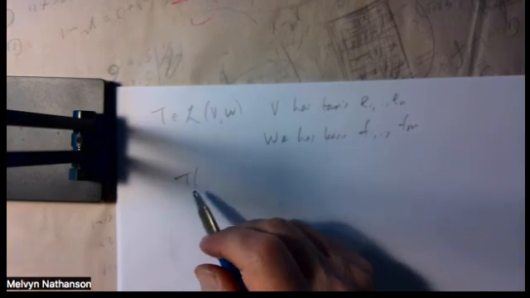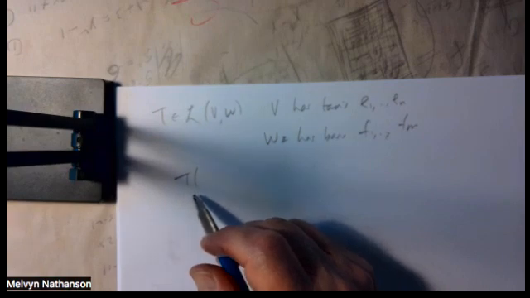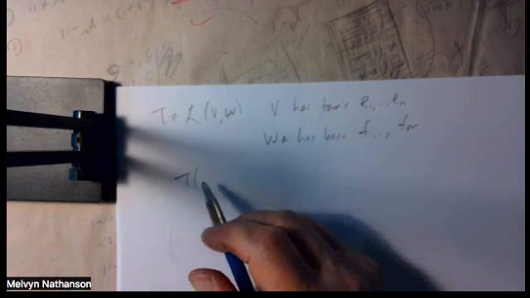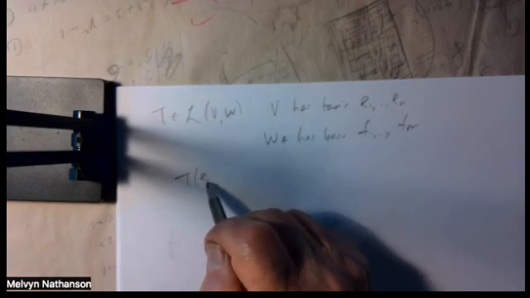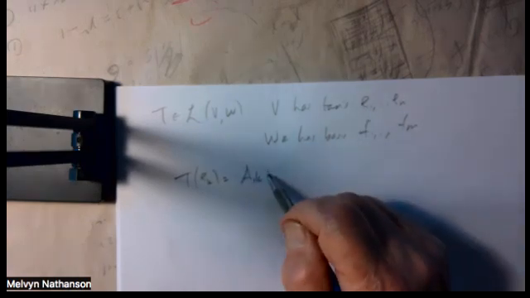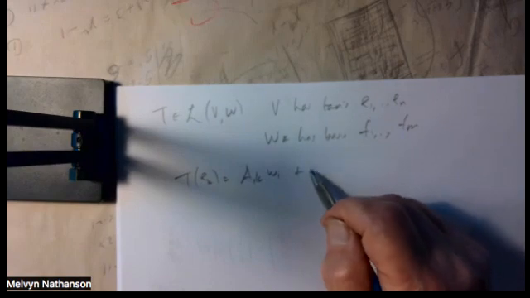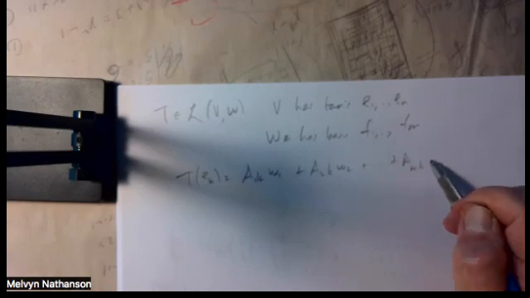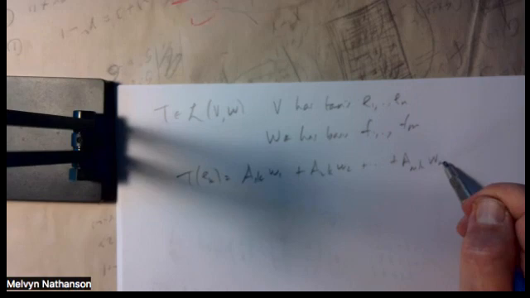And T of the vector Ek is a1k w1 plus a2k w2 up to amk wm.